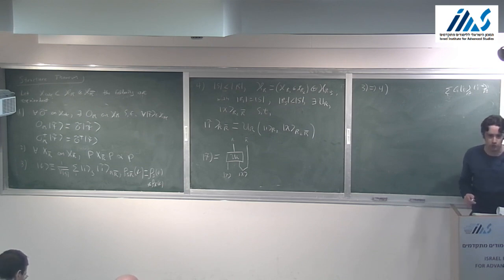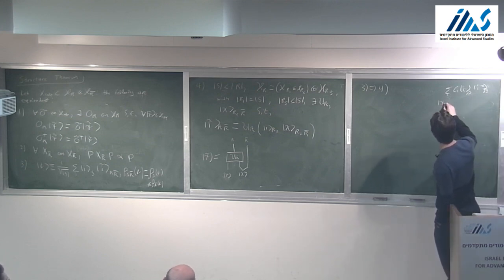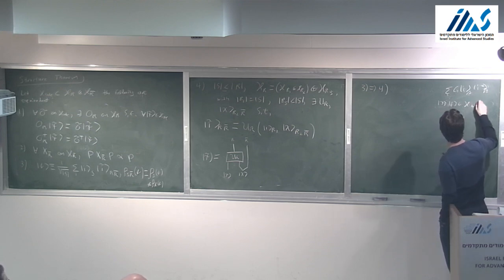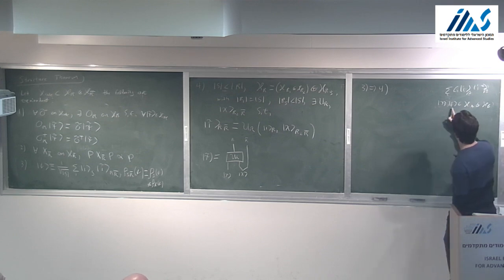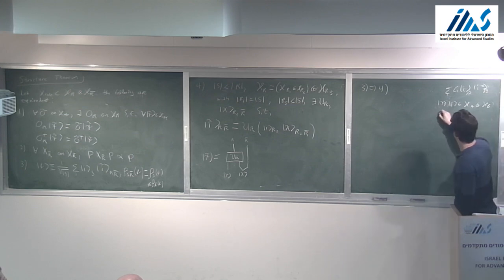The other thing I need to use, which also follows from the Schmidt decomposition, is if I have 2 states, psi and phi, which are both elements of H_A tensor H_B, and moreover the reduced density matrix on A is the same for both phi and psi, then it follows that psi is equal to some unitary on B times phi.